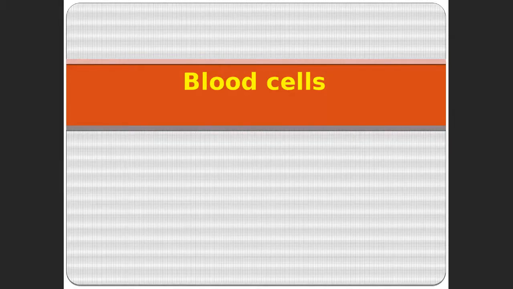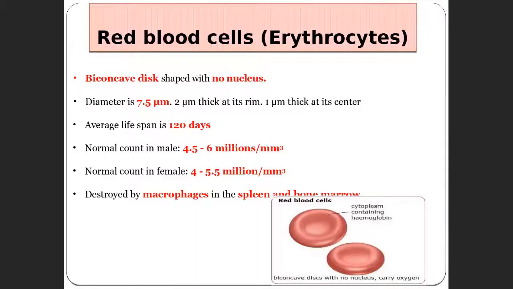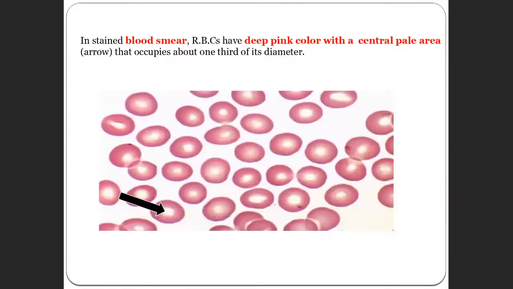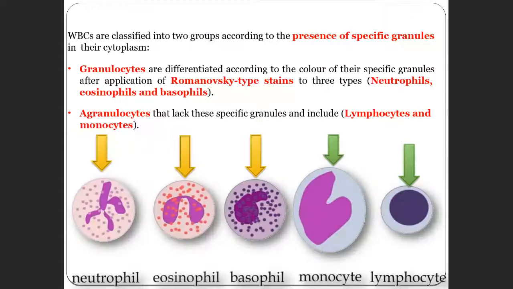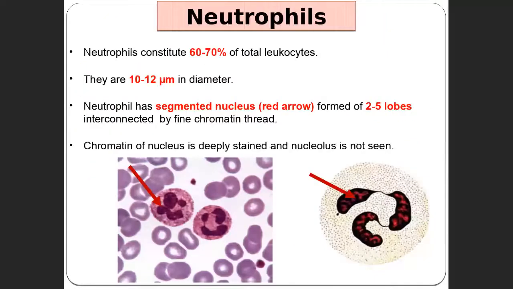In the formed elements, you should know the red blood cells, white blood cells, and the platelets. If you know that, it will be really good for us, and questions will be asked according to your standard, that is second year.